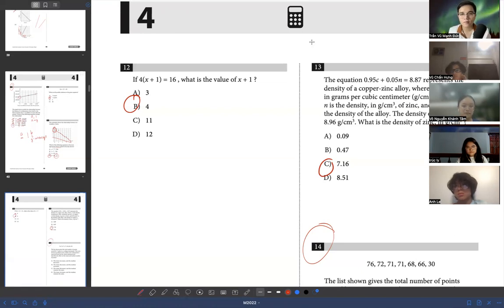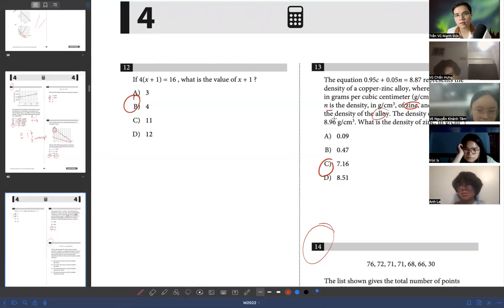Okay, so let's see. The equation 0.95C plus this represents the density. C is the density of copper, N is the density of zinc, and the other is the density of the alloy. The density of copper is this.